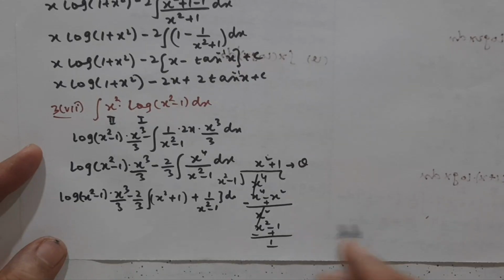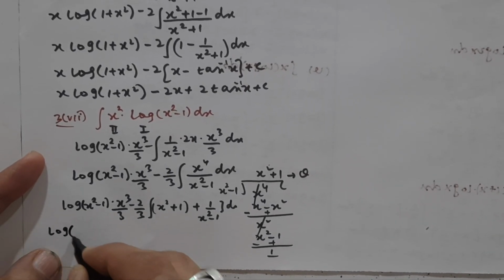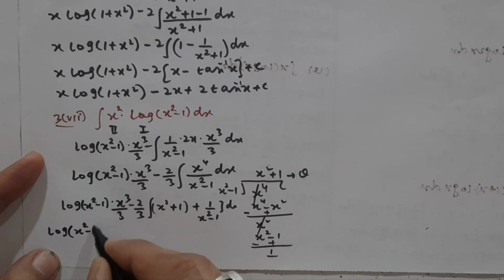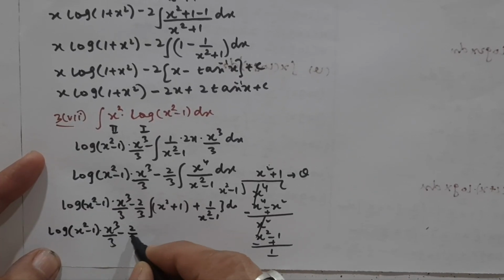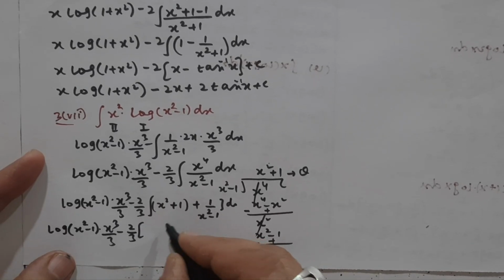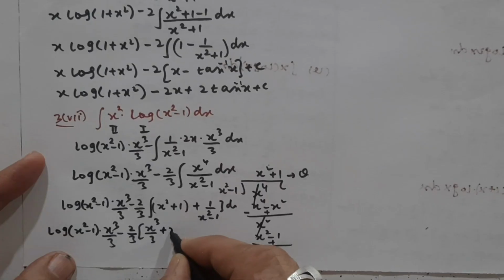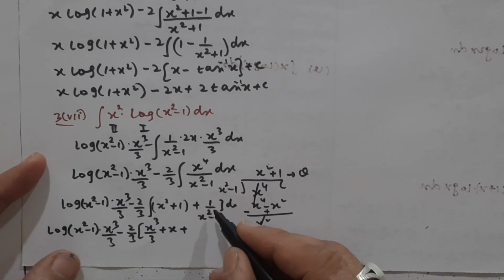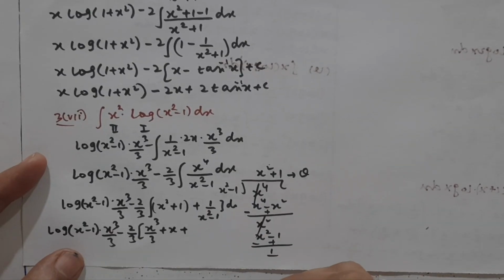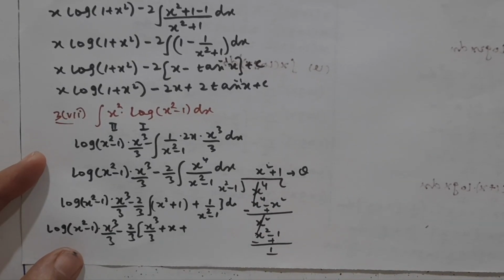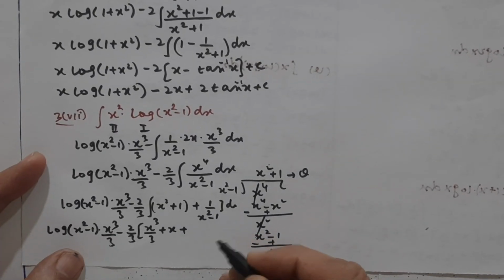Now integrating it, so what we get, log x square minus 1 into x cube upon 3 minus 2 by 3 integral of x square, x cube upon 3, integral of 1 is x, and integral of 1 upon x square minus 1.